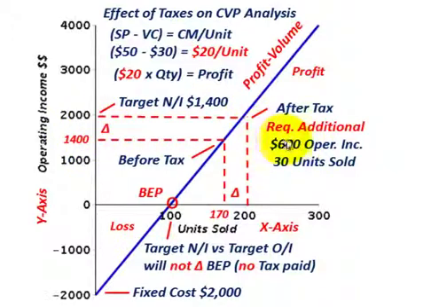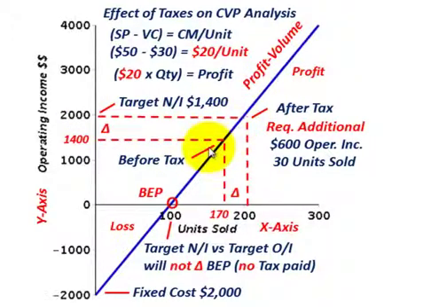So we needed an additional $600 in operating income, the required additional amount. So just understanding what's going on here: when you take those taxes into consideration, you have to sell a greater number of units. You have to have a greater operating income to support any taxes.